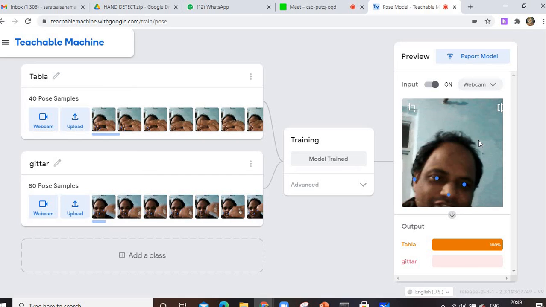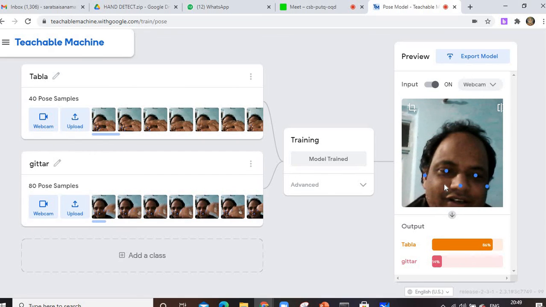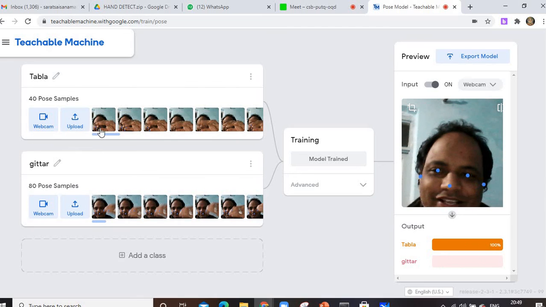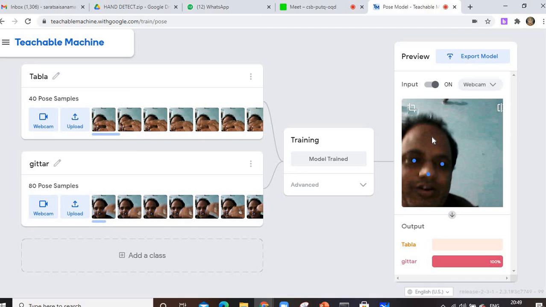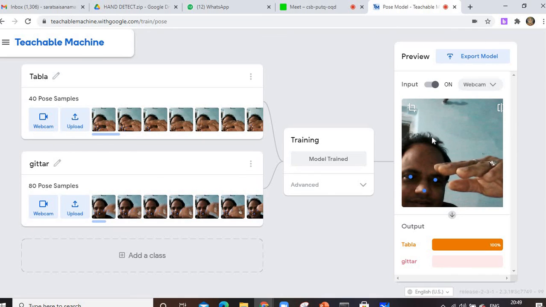Now it is getting confused, tabla or guitar, because both pictures contain my face, so it is getting confused whether it's a guitar or tabla. It is not classifying properly. When I put my hand and play this, it shows this is a tabla. This posture is basically playing the tabla.